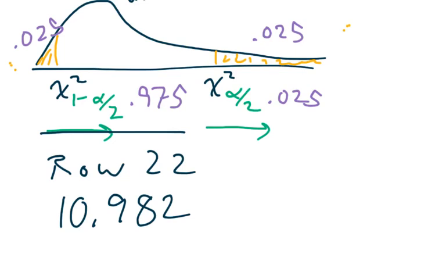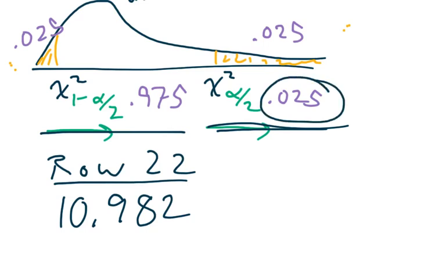For our second one, the same procedure. We'll go to row 22, and then we'll use the 0.025 column, and we'll find this critical chi-squared value is 36.781. And so that gives us our method of finding our critical values that define our critical regions.